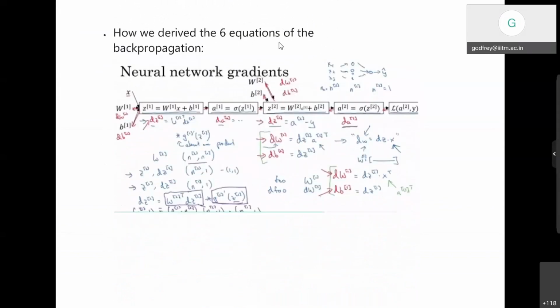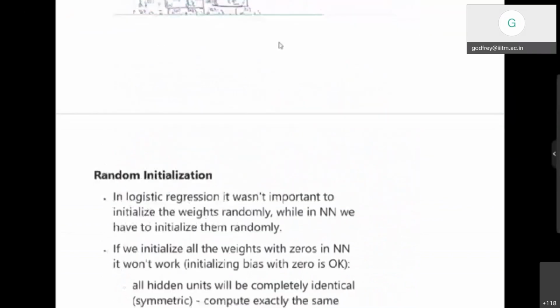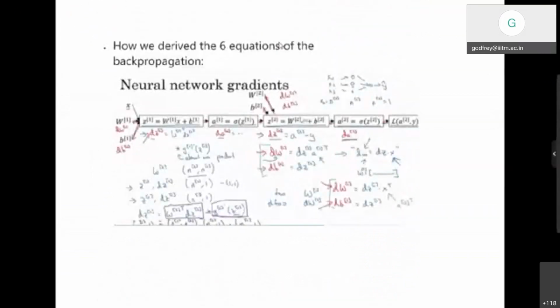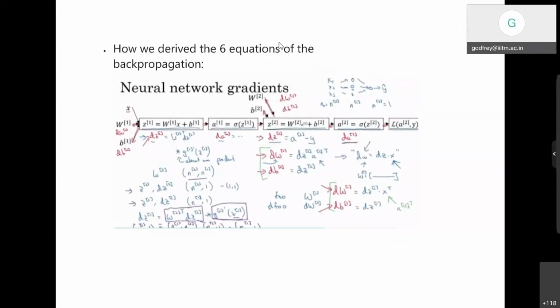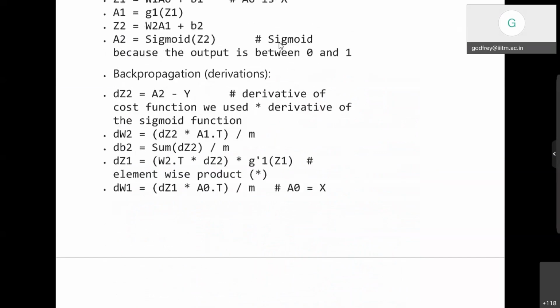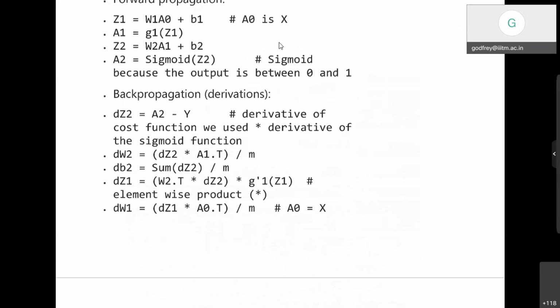So we look at these derivations. These are the derivations.